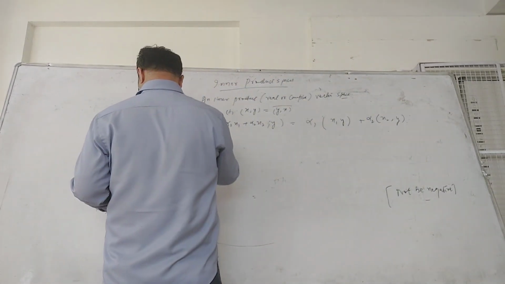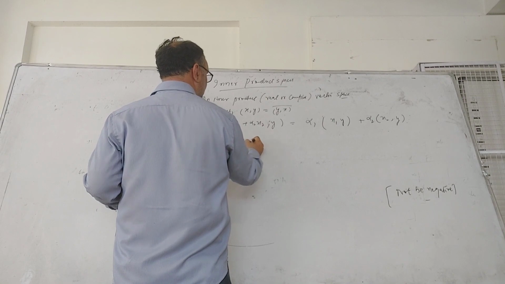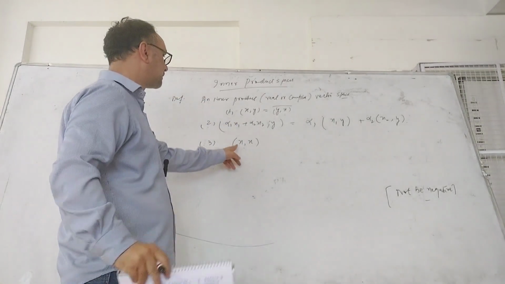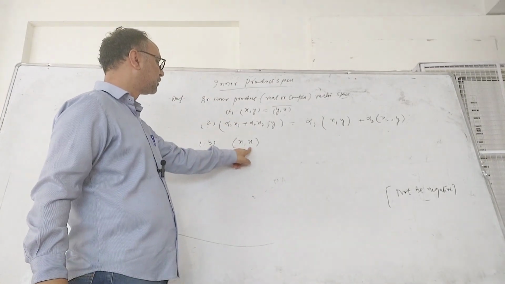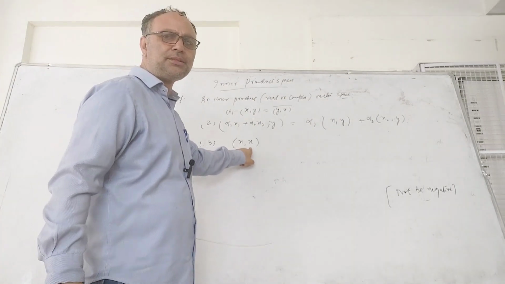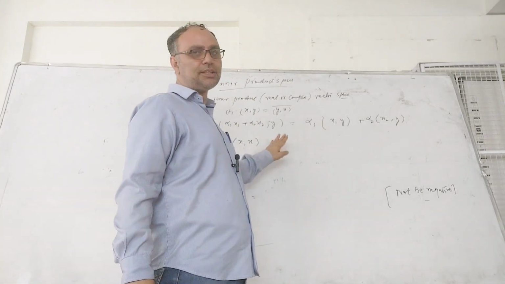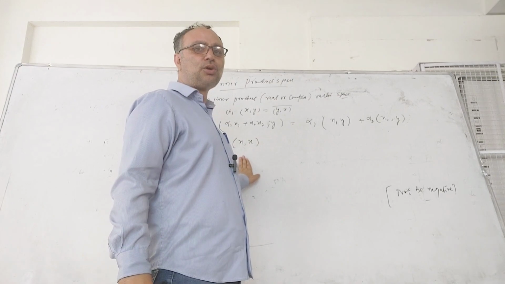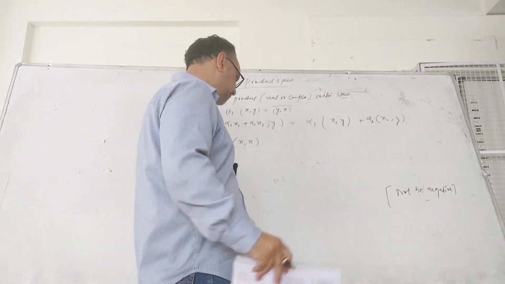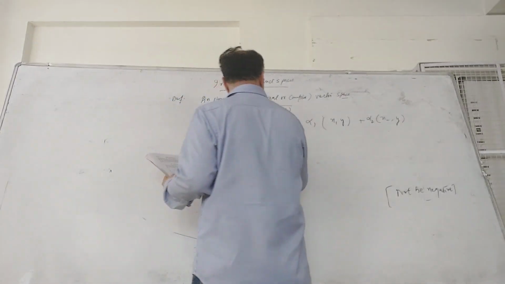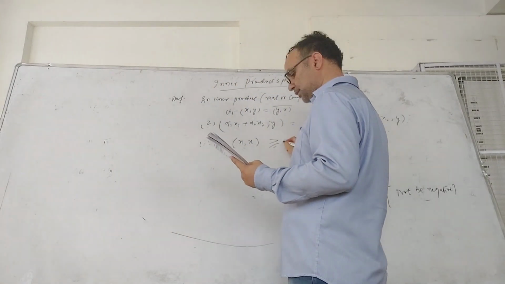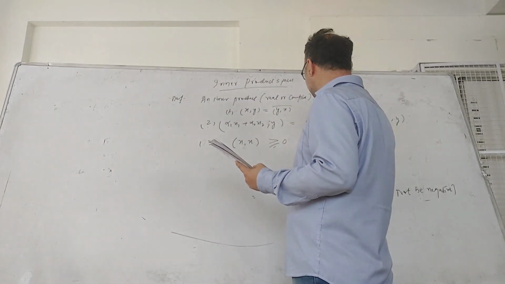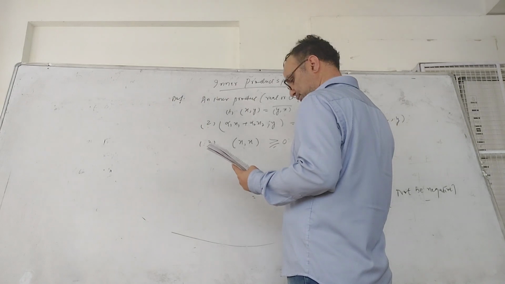Third, the self inner product: if x is 0, then it will be 0, or if it is not 0, it will always be positive.